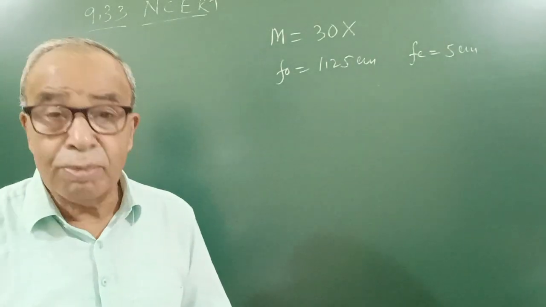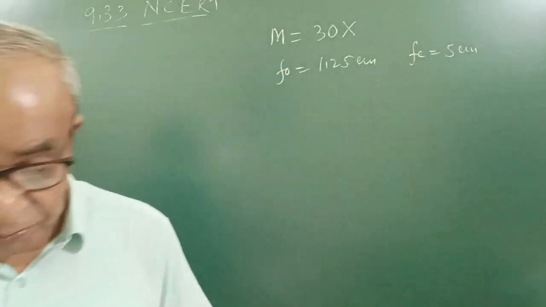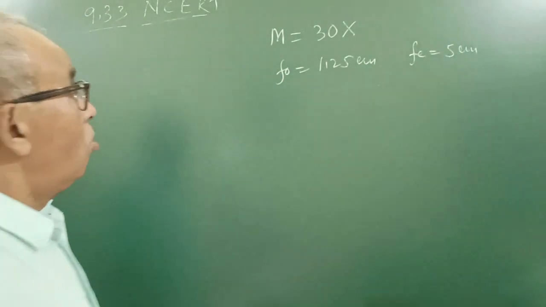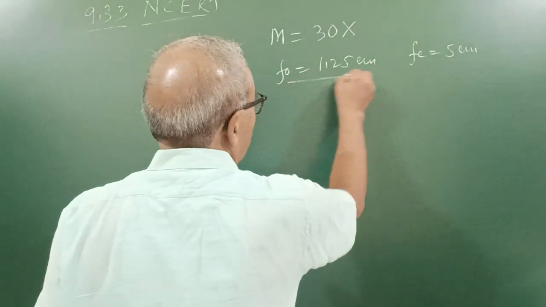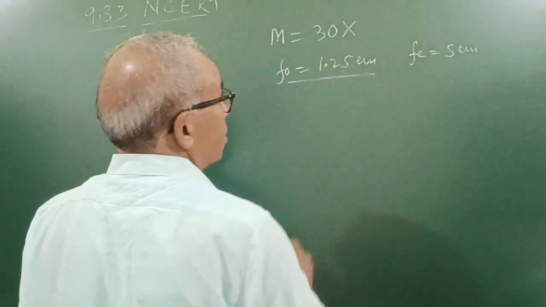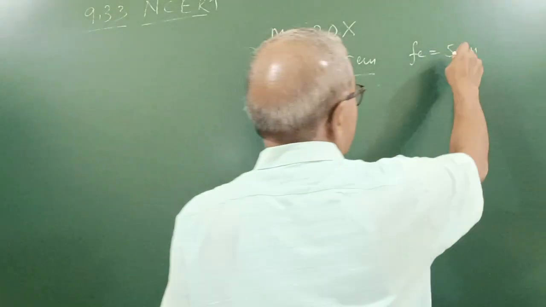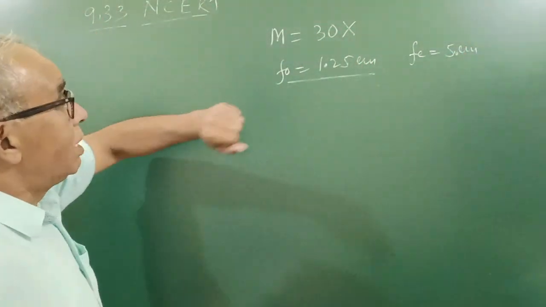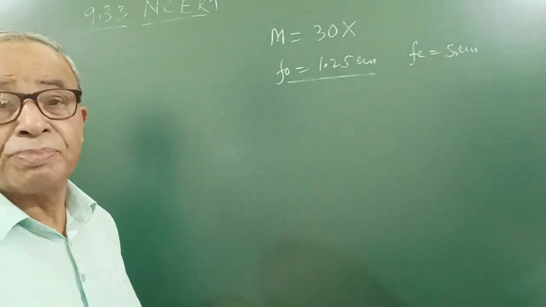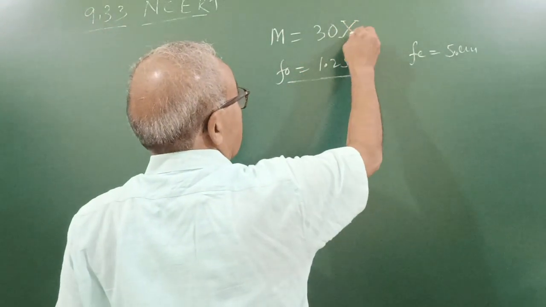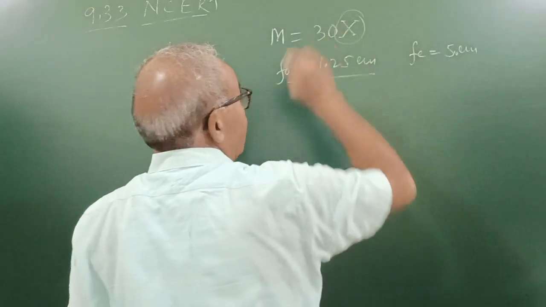How will you set up the compound microscope? Actually, we are given an objective lens of focal length 1.25 centimeter and FE of 5 centimeter only. We want magnification 30x, meaning 30 times. People get confused by this.